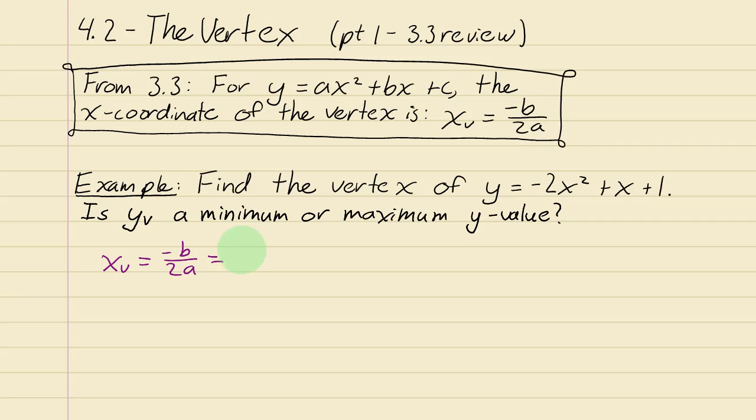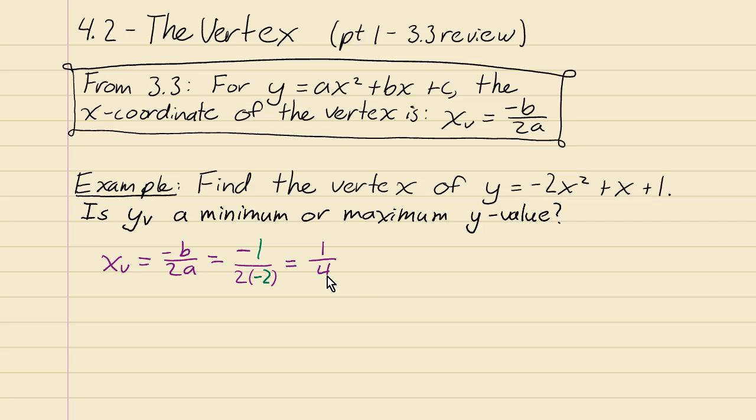The negative b will be negative 1, because it's like there's a 1 times x here. And it's that over 2 times a, which means 2 times negative 2. So you can then simplify this to get negative 1 over negative 4, which is just the same as 1 over 4. So that's the x-coordinate of the vertex.